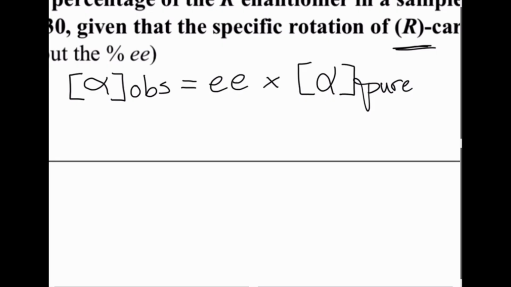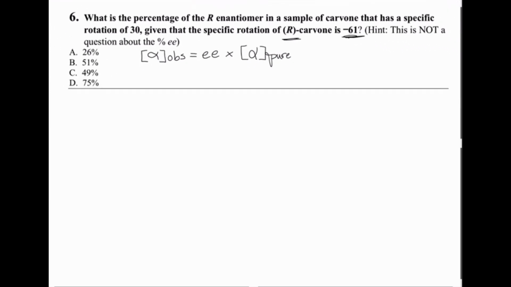Now, with this question we have two methods of finding the answer, which is really going to be the same method, but we're going to go through both of them. So what do we know here?